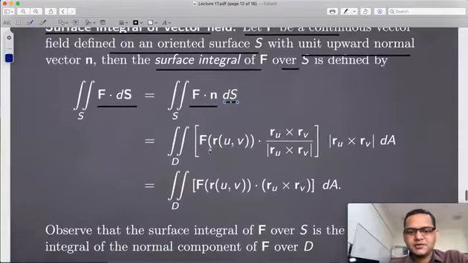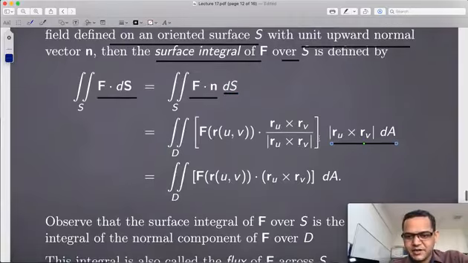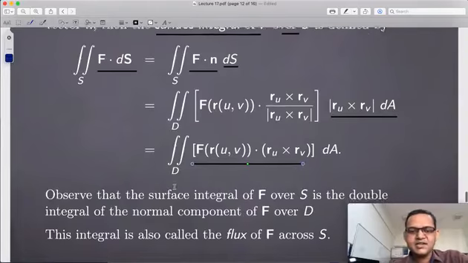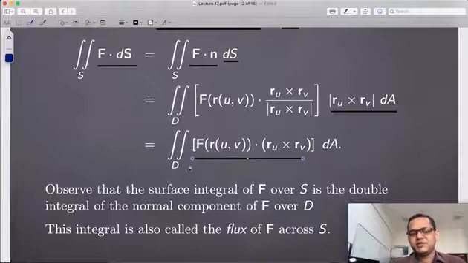All you have to do is evaluate your vector field at the surface, and then compute the normal vector, which is going to be this, and this is the surface area component. But these two are going to cancel each other, so precisely all you have is this, over the domain of the parameters u and v. You first compute the dot product, and then you can compute the surface integral.